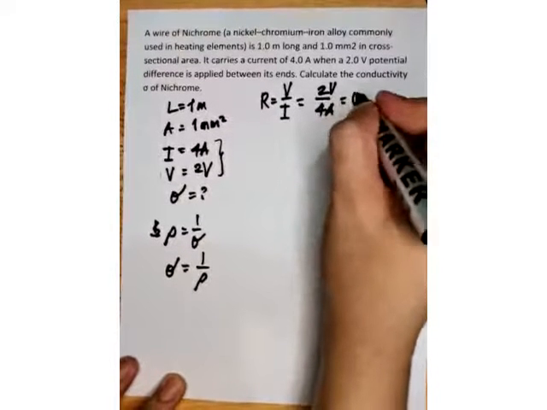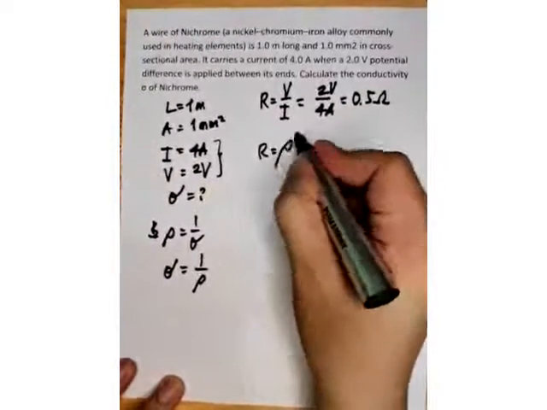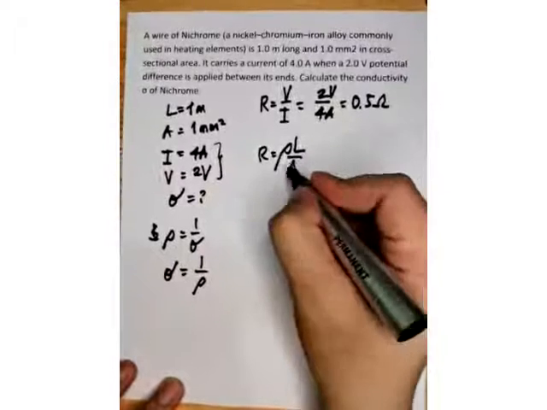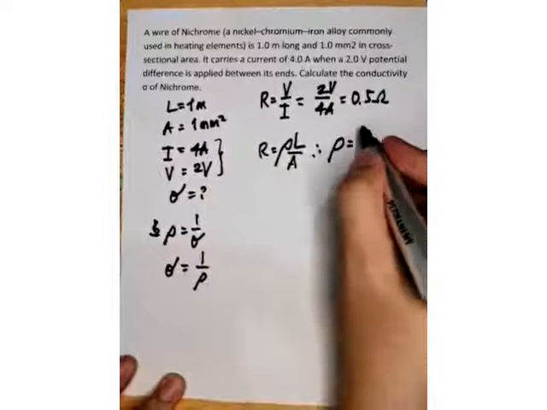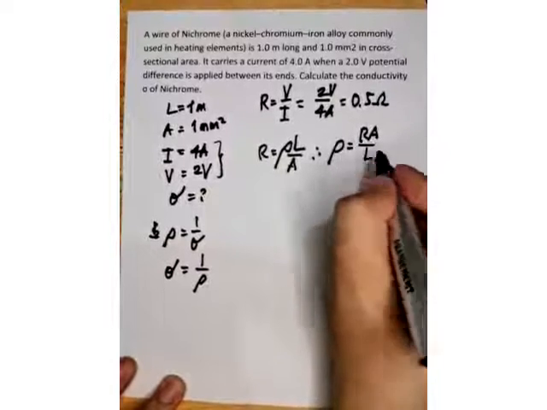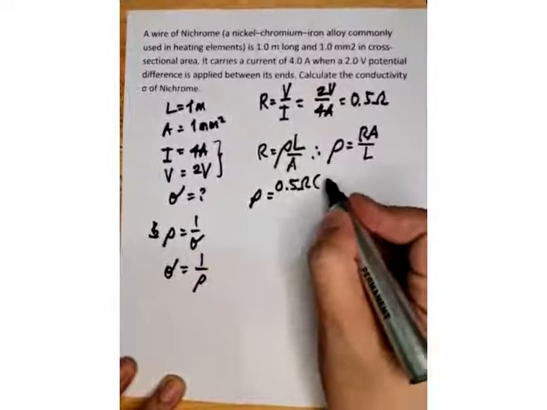Next, di ba, ang resistance is rho L over A. Okay, so kailangan lang natin ito. So, therefore, resistivity is RA over L. So resistivity is equal to 0.5 ohms times 1 meter all over, area pala.